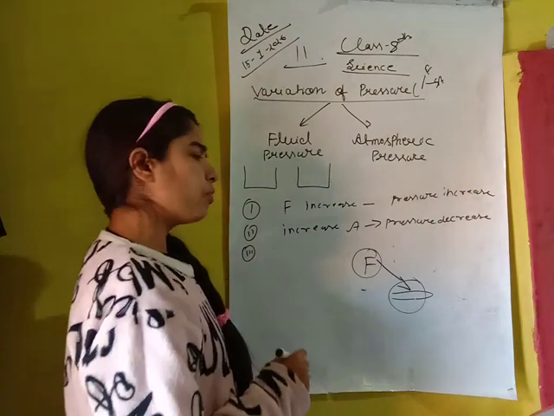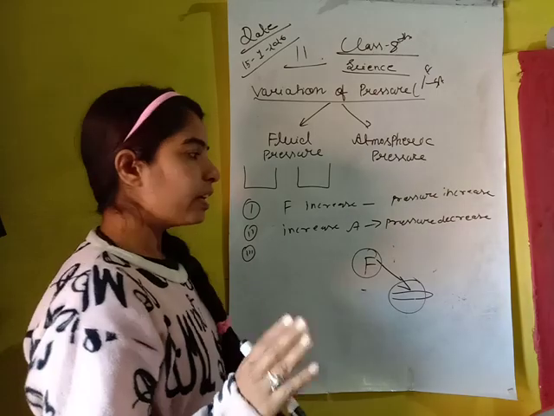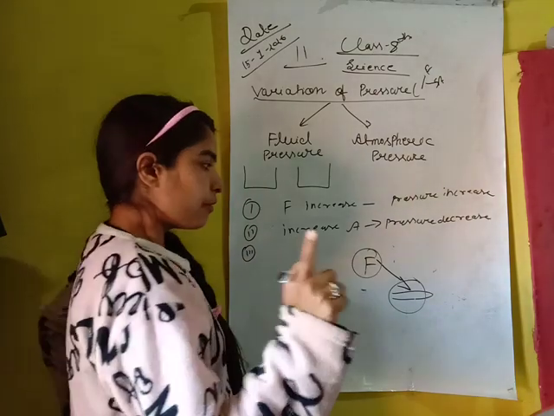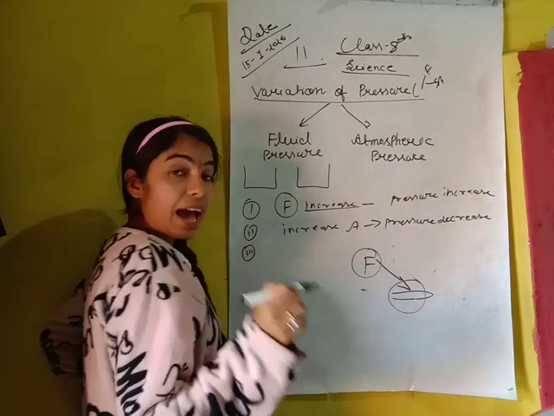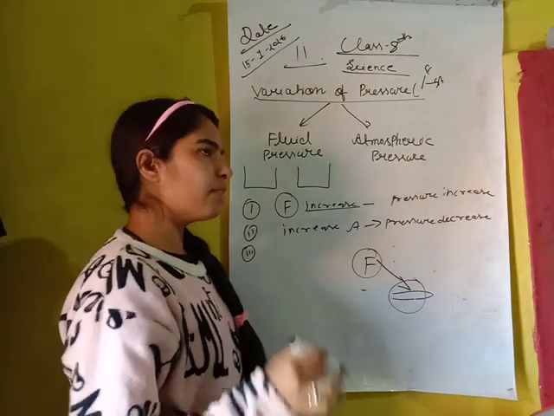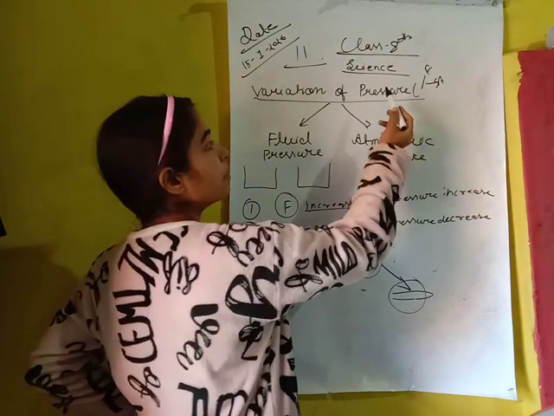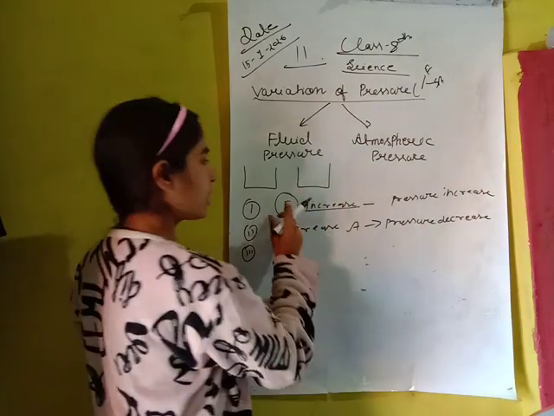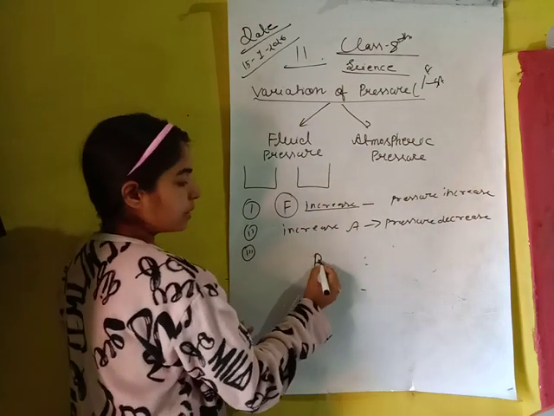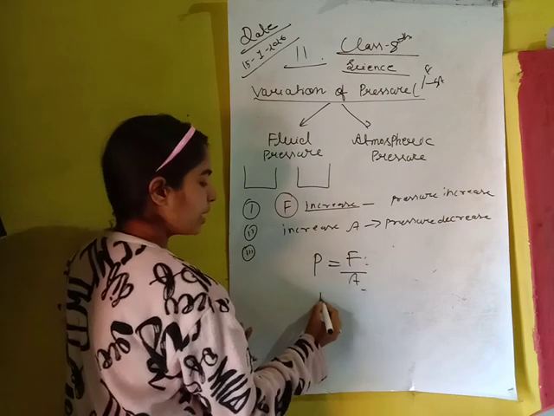Now you have to know when the pressure will increase and when the pressure will decrease. Here are the conditions. First, when force increases on any area, always remember students, what will be the pressure? Pressure is equal to force upon area. So what will you get here?